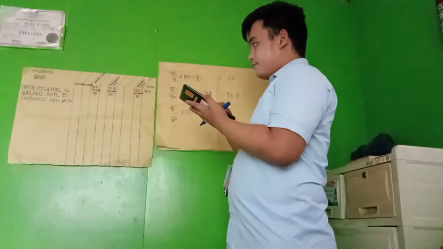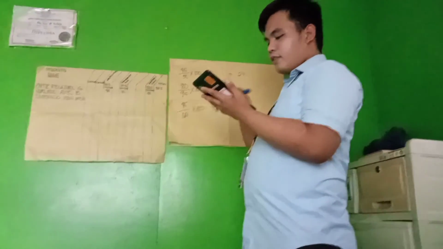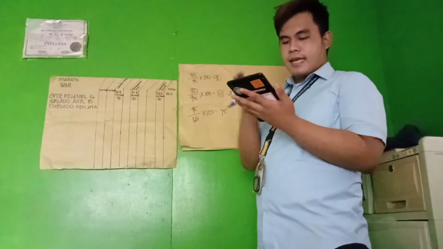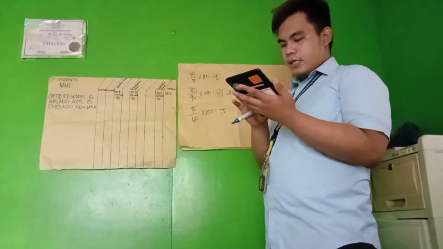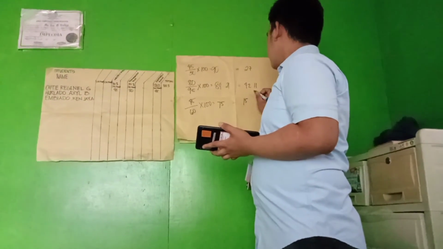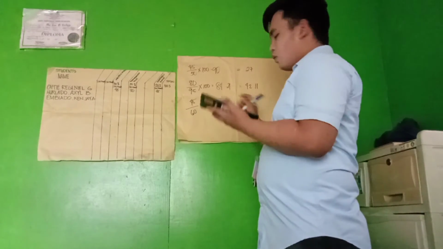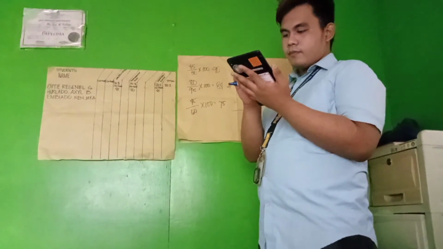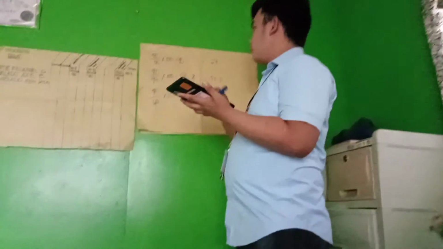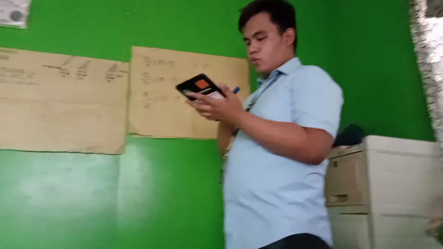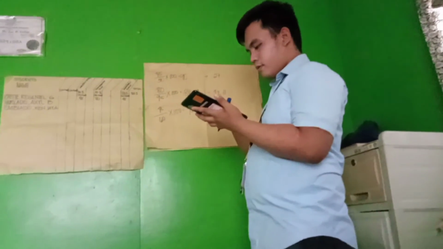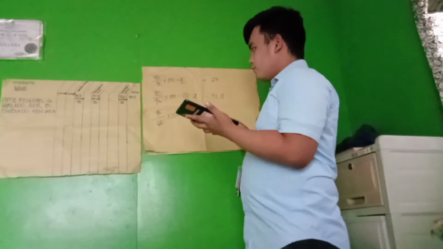Next is 75 multiplied by 20%, which is 15. Now we are going to add 27 plus 42.11 plus 15.